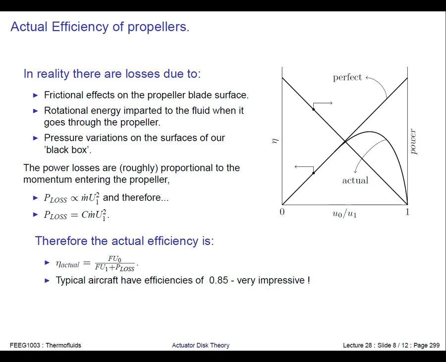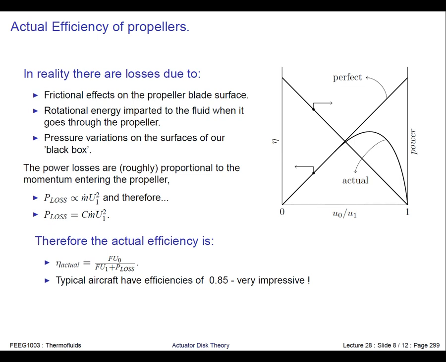Also, we've assumed that the pressure on our disc is uniform, and in reality it's not, because our propeller blades are turning around and the tips are going much faster than the parts of the blade near the axis. This gives us pressure fluctuations or variations on the surfaces of our control volume, and that gives us an inefficiency.